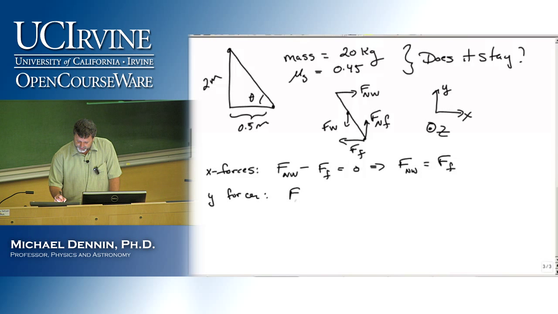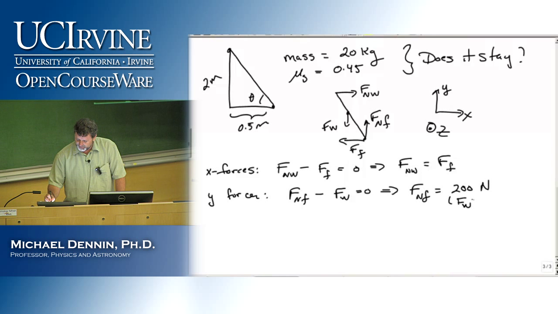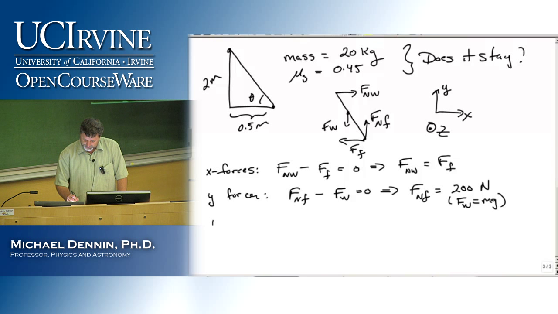That tells me the normal with the floor minus weight equals 0. So right there, we know that the normal with the floor equals 200 newtons, because that's the weight, which is mg. And then we did our torques about point A.